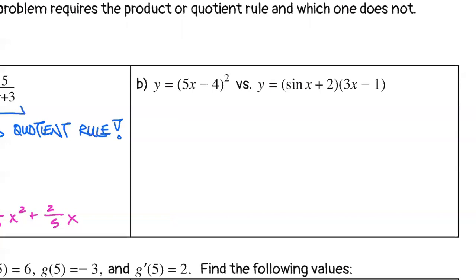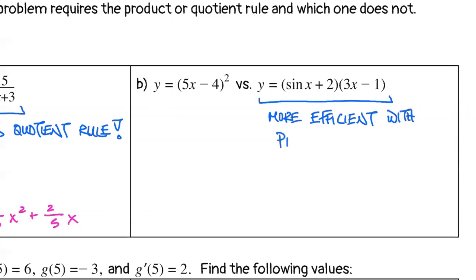I'd say it's probably the second one again. I would agree that in this case, we're going to say that it's probably more efficient with product rule.